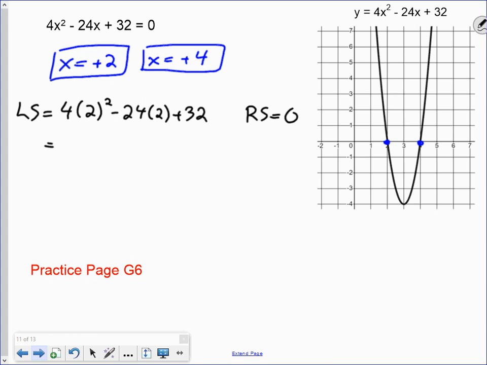So 2 squared is 4 times 4 is 16 minus 48 plus 32. Putting this into my calculator, I get 0. So we got our solution just by reading them off the graph. We can always check by substitution, or we could have gone ahead and done the factoring.